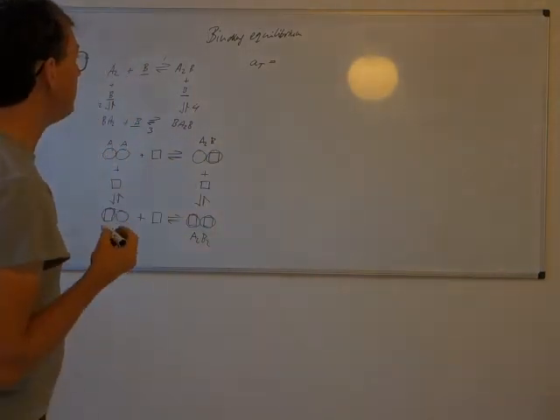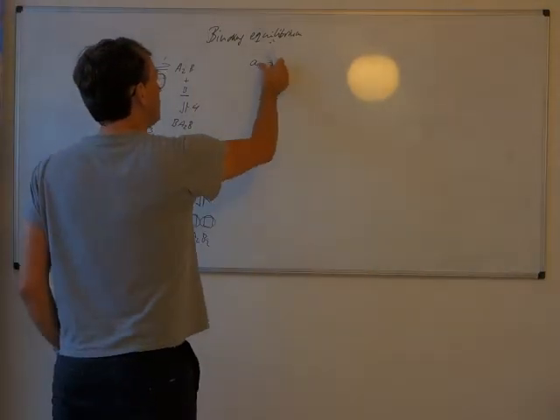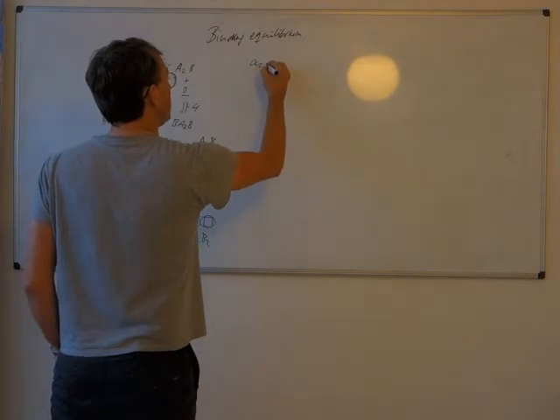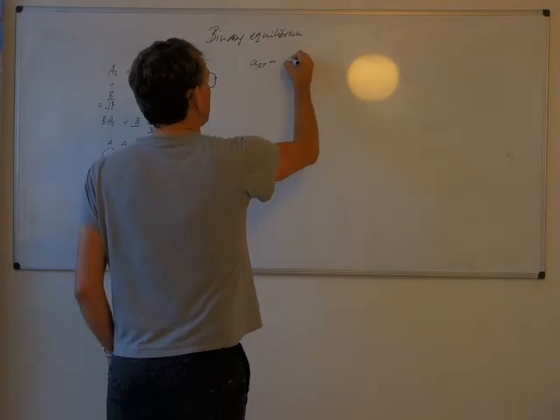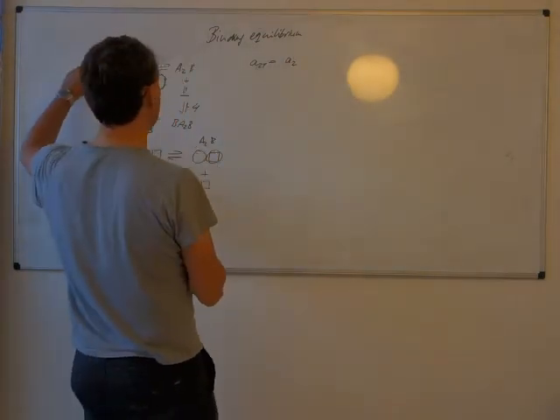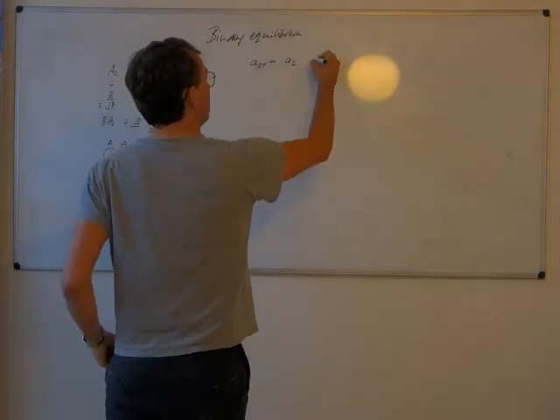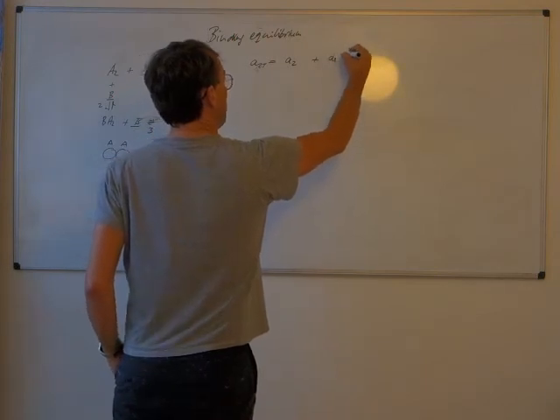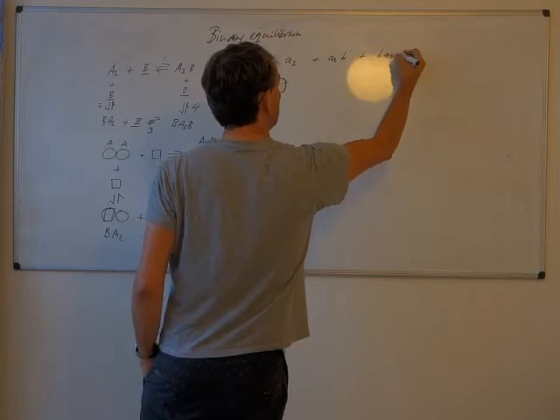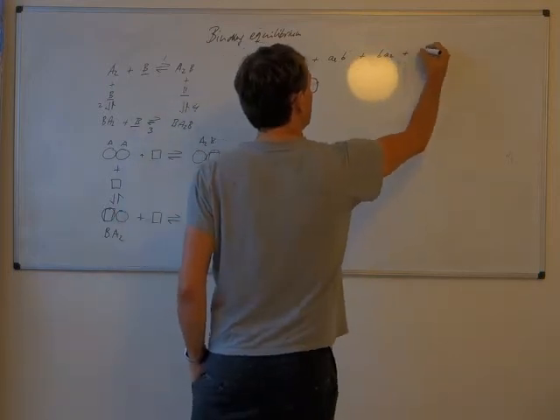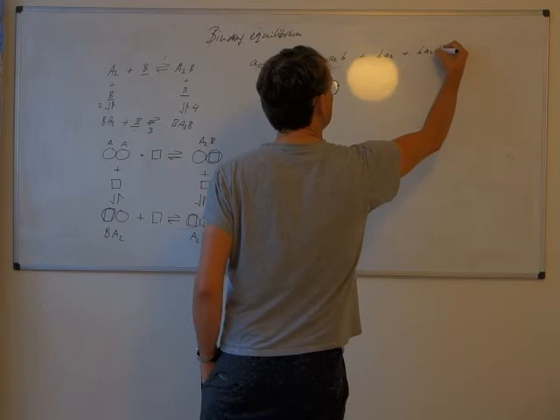Now the total amount of A is of course the total amount of dimer. So we have free dimer, this guy. We have dimer with the right monomer bound to B, and dimer with the left monomer bound to B, and we have dimers where both are bound to B.